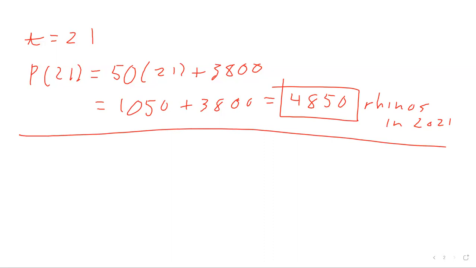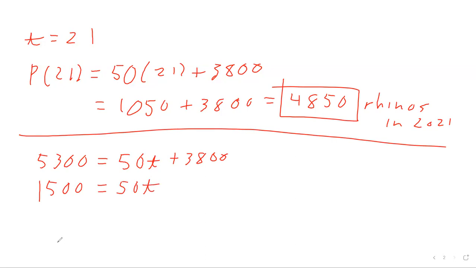The last question asked, when will we reach 5,300? So that's our new population. We're looking for a t. Subtract your 3,800 over, and that's going to be 1,500. Divide by 50. And a nice thing about division is we can do this fairly easily, that our zeros are both going to cancel.